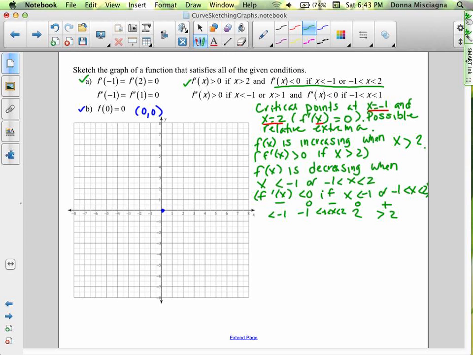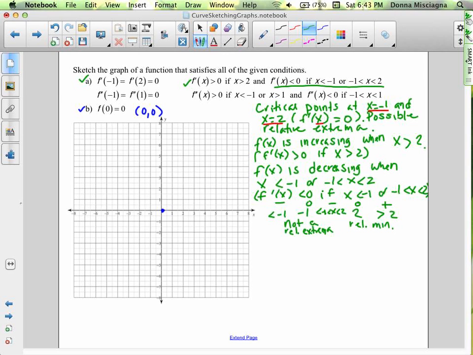Decreasing on either side, so this is not a relative extrema. But here we go from negative to positive. That is a relative extrema because there's a sign change. What kind of relative extrema? This is a relative minimum. So there's a relative minimum there.